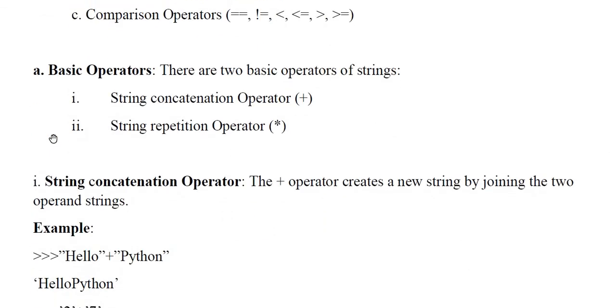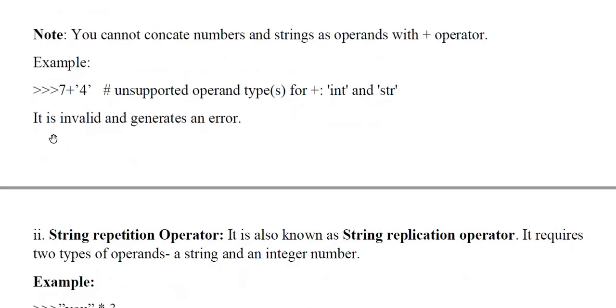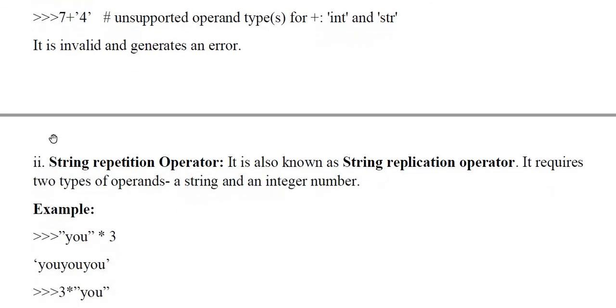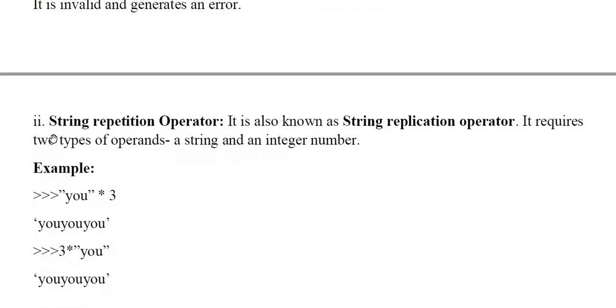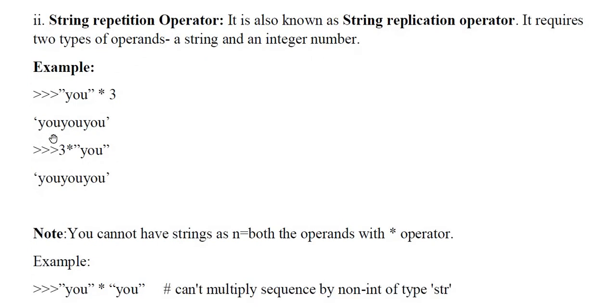Fine. Now, string concatenation we have already done. Repetition, we will finish repetition, then the next thing we will do later on. Now I give you the example of the string repetition operator also, that it requires two types of operand, a string and an integer number.